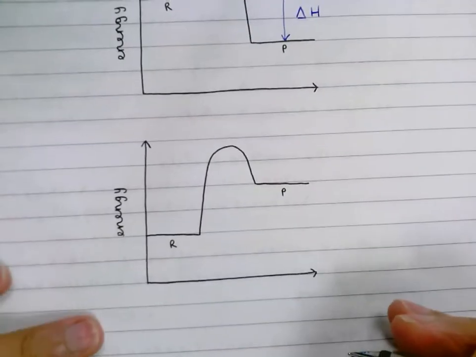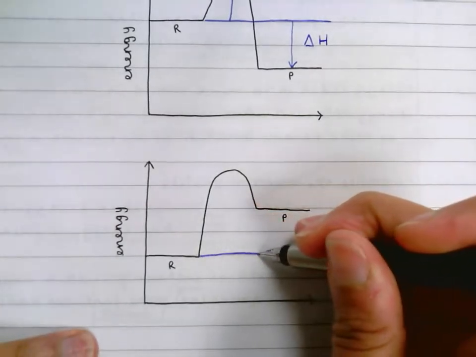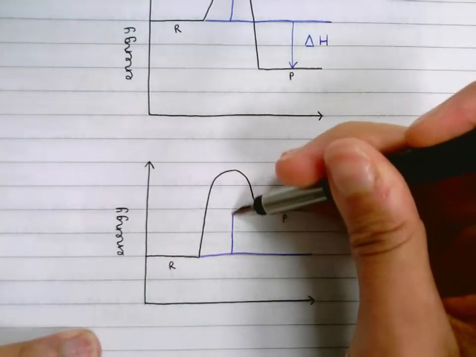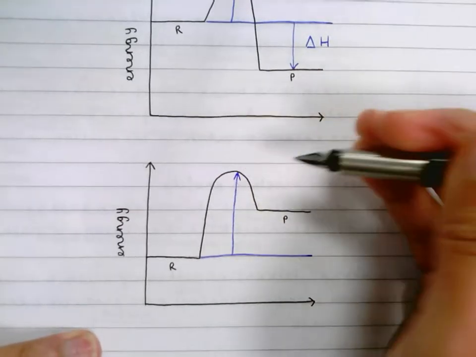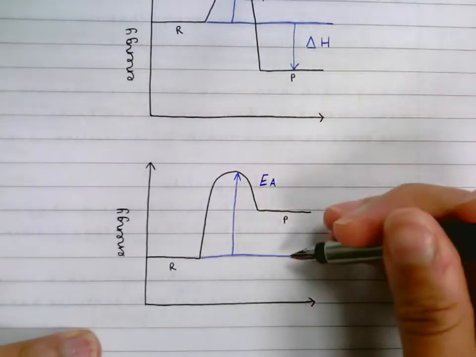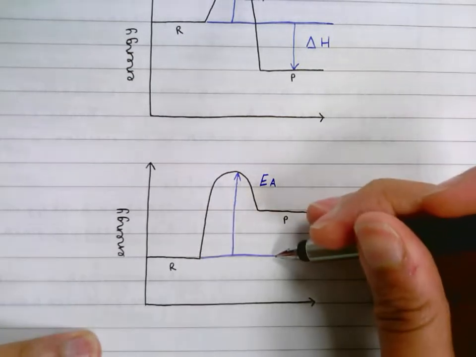Just do that again, but with this reaction profile. So we draw a horizontal line from the reactants. We draw from the horizontal line up to the highest point, which is our activation energy. And then we draw from our horizontal line to our products.